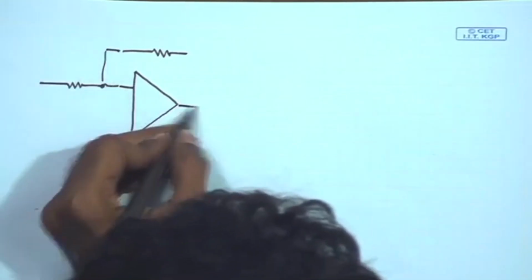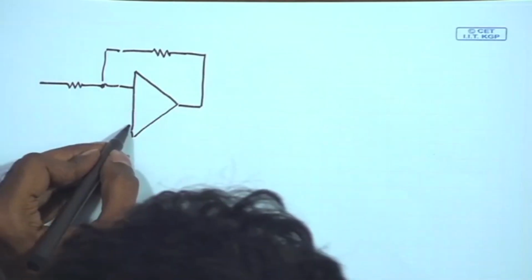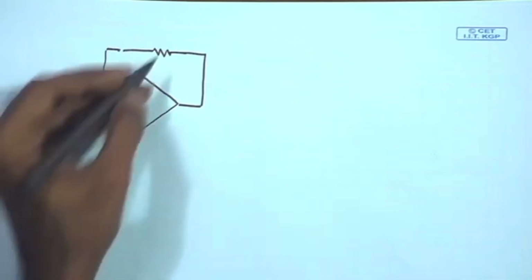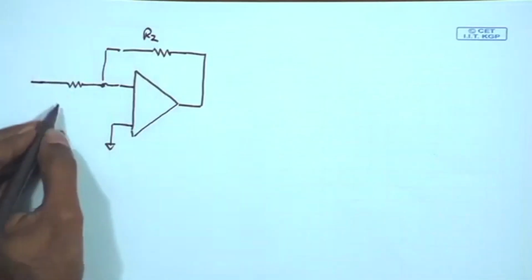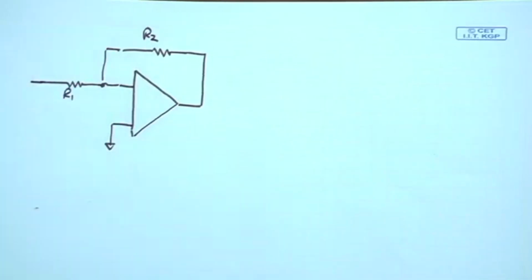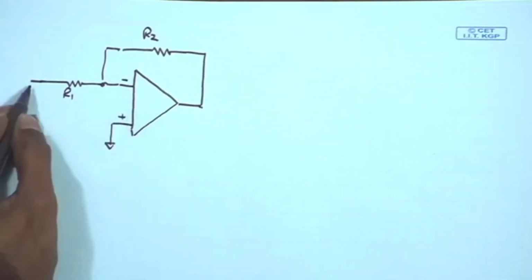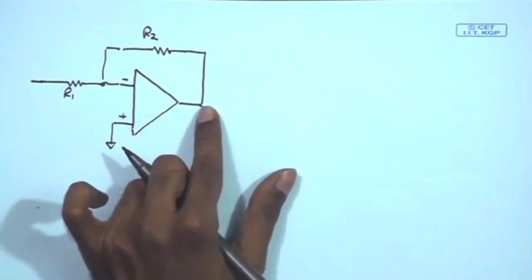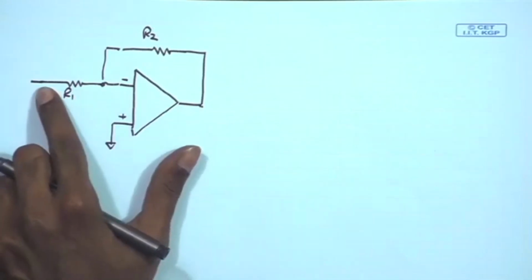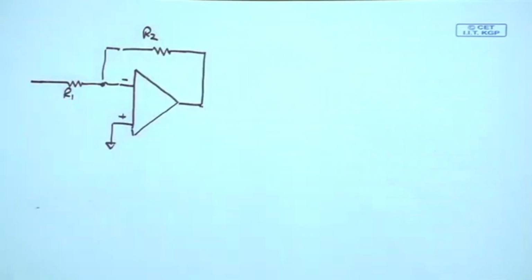So, let us see, if I have resistive elements in the feedback, what is the contribution of these two resistors R2 and R1 to the overall noise of the output of the amplifier. We can analyze the overall output noise by taking a superposition of the noise contributed by these two resistors.